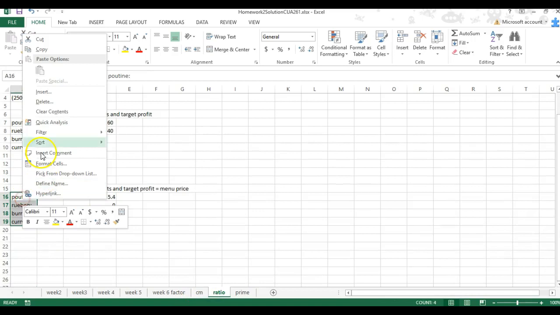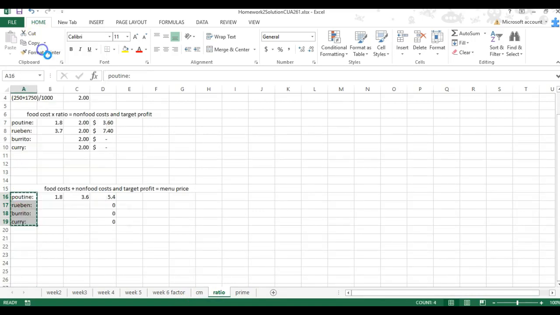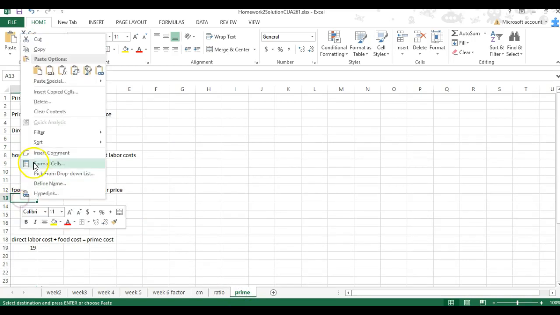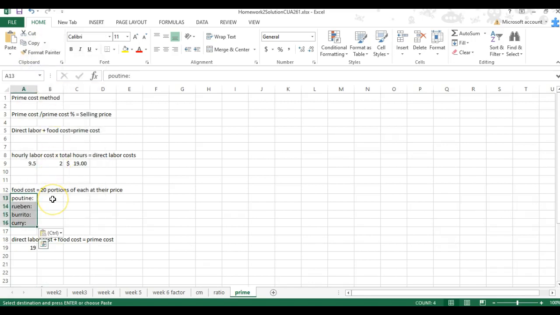Let's go back and cheat, get all that stuff, copy over here to prime, and paste. We need to find out 20 portions. Very simple. We know the price is $1.80. At 20 portions, equals cost times how many we're making.